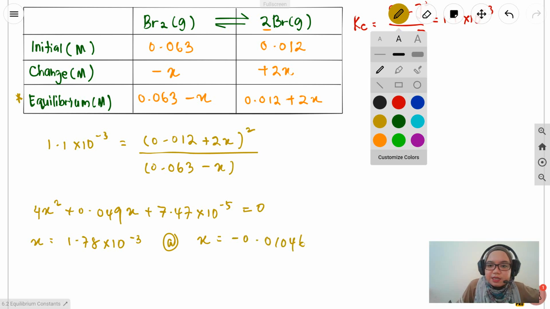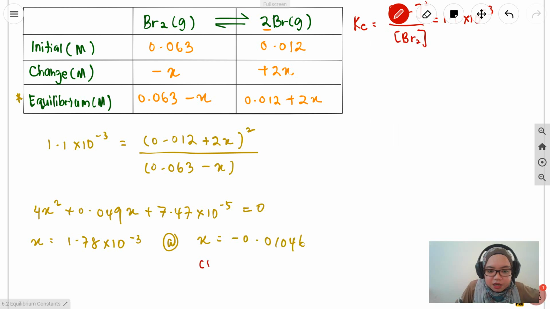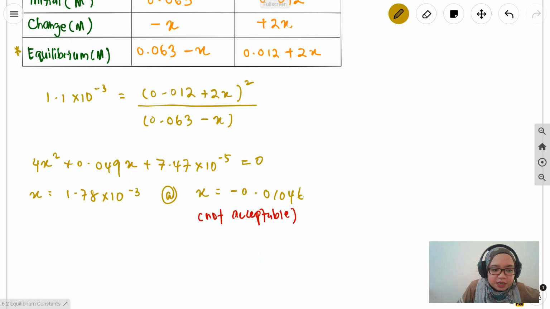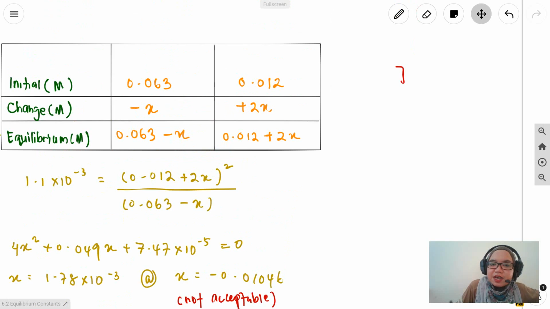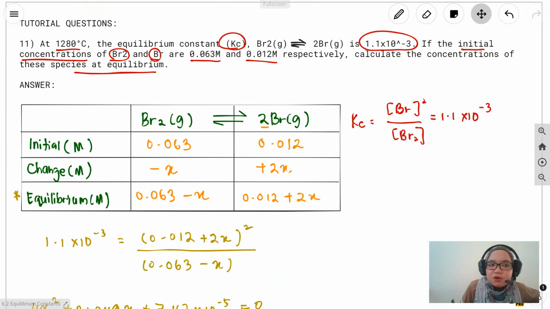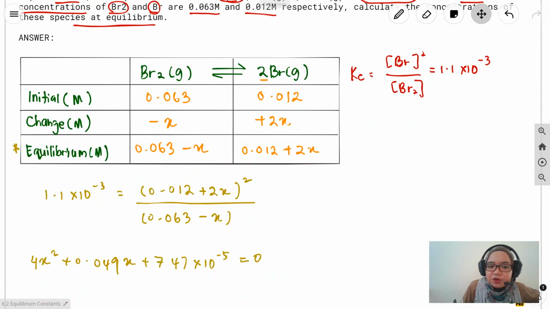The negative value is not acceptable, because the value of concentration and partial pressure will always be positive. So the x that we are going to use here is 1.78 times 10 negative 3.